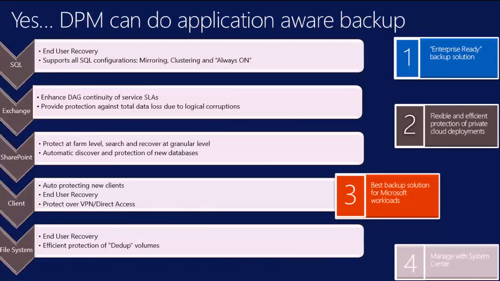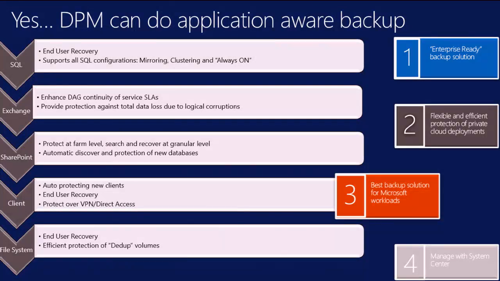Now, client solution. As the organization grows, the number of clients coming into this environment is going to grow, and DPM can automatically find those new clients and protect them using multiple DPM servers. It can do the load balancing also. Let's say you have today 4,000 clients, and you deploy two DPM servers. 3,000 clients can be protected by a single DPM server, right?